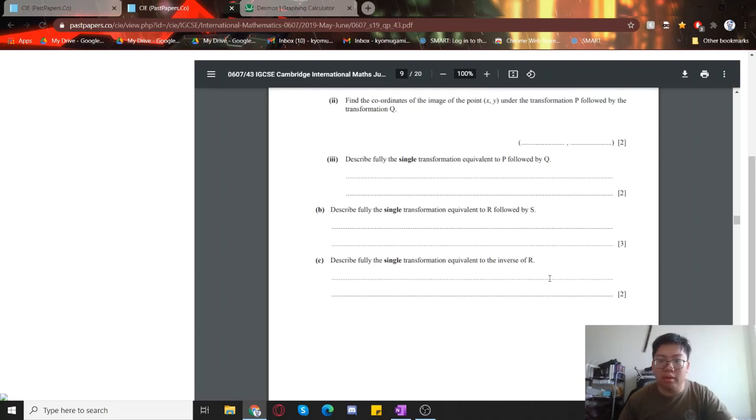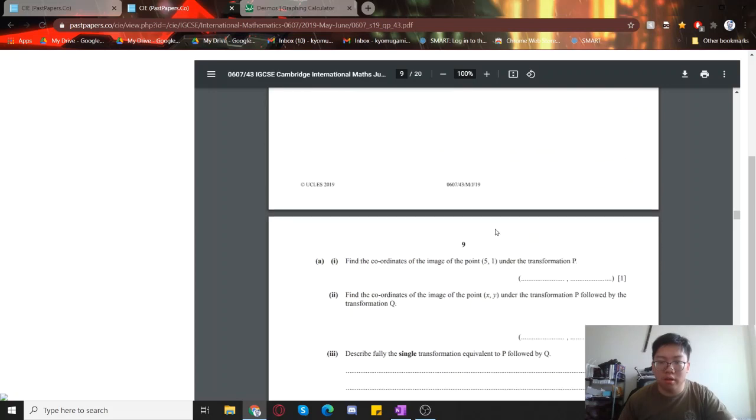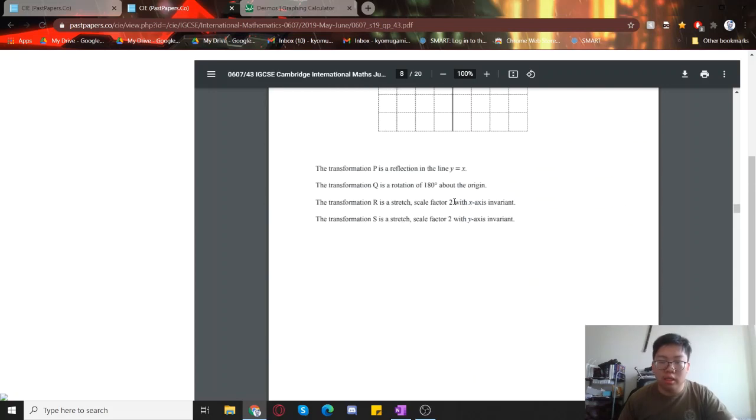Single transformation equivalent to the inverse of R. Since this is a scale factor 2, imagine it going that way, but instead this time we want it to go this way. Of course I don't quite remember because I haven't done this in such a long time.